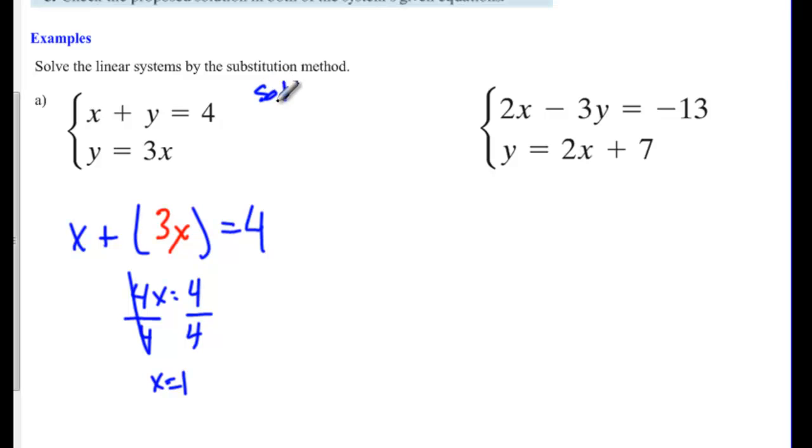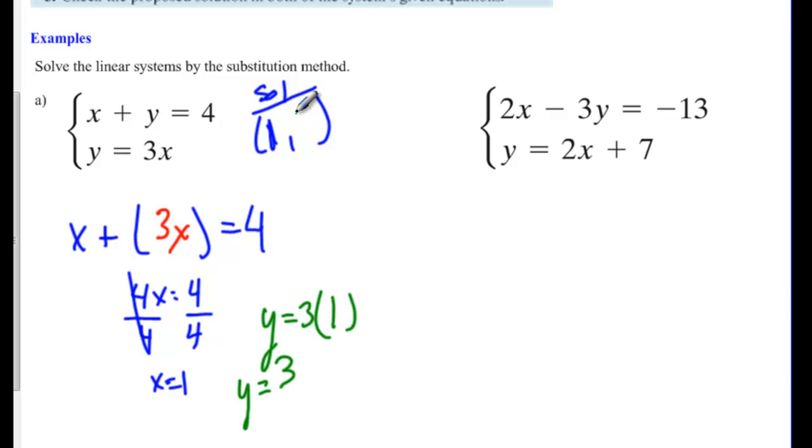So for our solution, we know that x is 1. And then we just plug in. And this is the easy one, right? Y equals 3 times x. Yeah. So y equals 3. And then for that x, plug in the 1. Oh, so y is 3. Super done quick. Let's do it again.